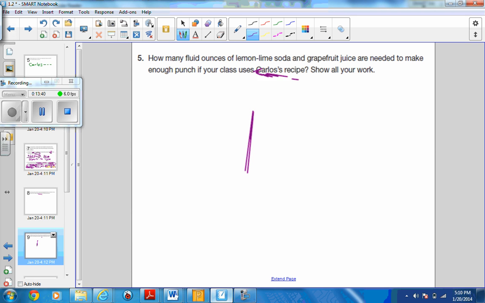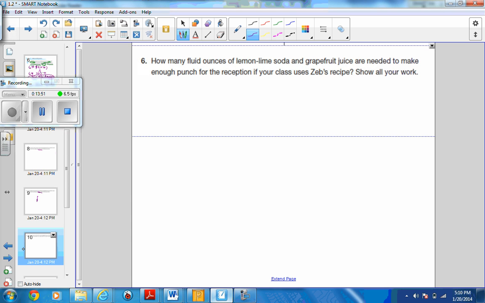And finally on 6, you will use Zeb's recipe. Okay, so you're going to do all the same calculations. So go back and find the parts for their recipes and figure out how many fluid ounces of lemon lime and grapefruit juice you're going to need for each one of those recipes. When you're done, you can start it to check your work.